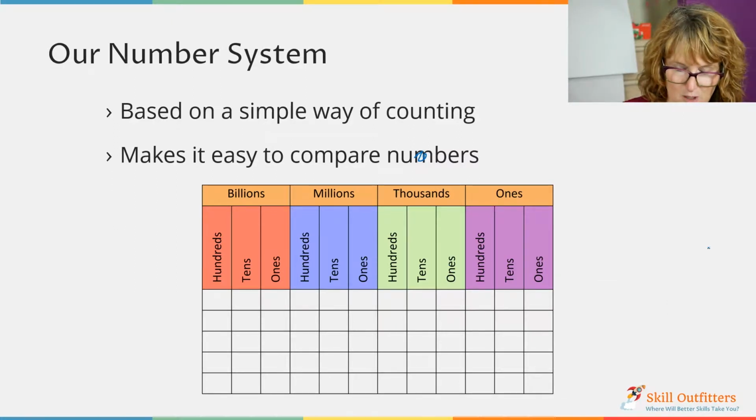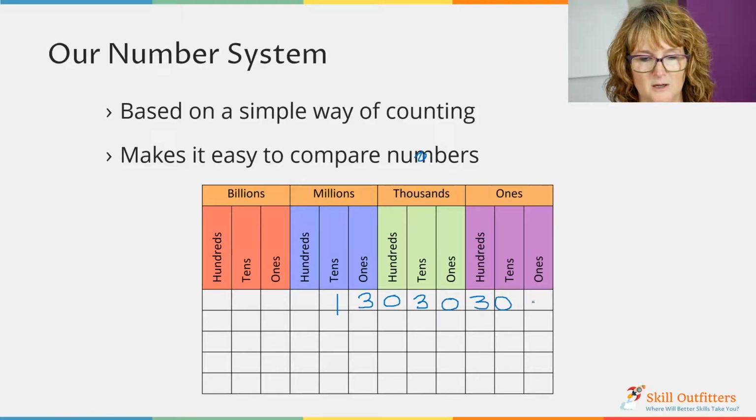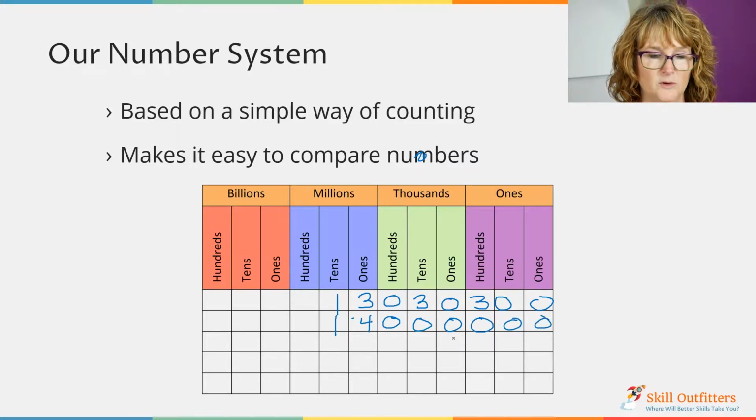All right, so we're going to compare 13,030,300 total, compared to 1,004,000,000.